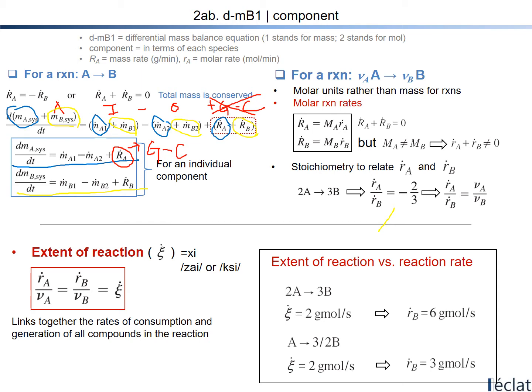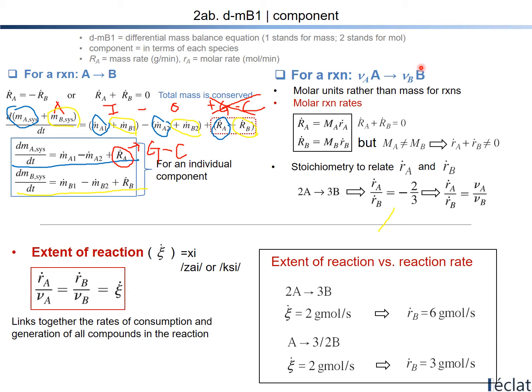Okay, then let me extend this reaction into a more generalized version. So here, it is not just A going to B. This is nu A going to nu B. Of course, this nu sub A and nu sub B indicate the stoichiometric coefficient of A and B respectively.